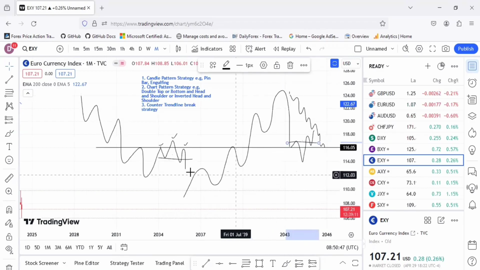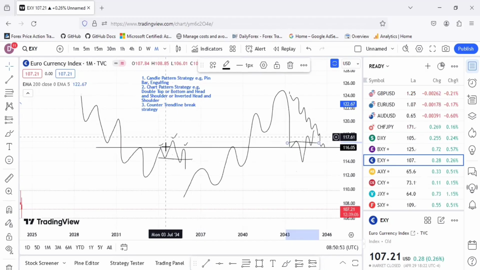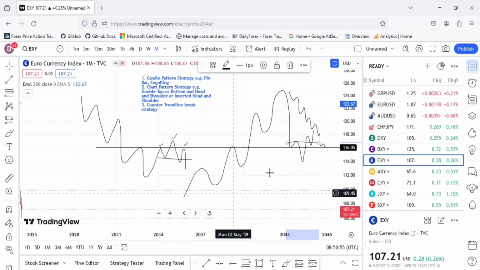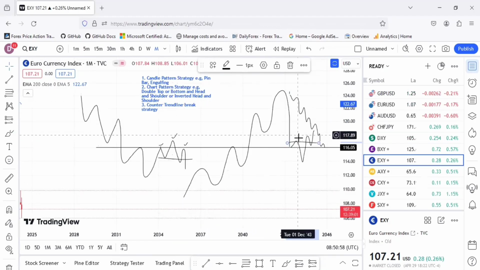So in a nutshell, when you're in a downtrend and your market pulls back to a resistance, look out for a chart pattern or a candle pattern before you continue to sell. In an uptrend, after a pullback, look out for a chart pattern or a candle pattern before you do what? Before you continue to buy.